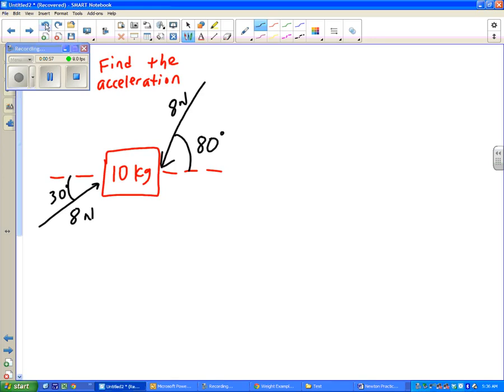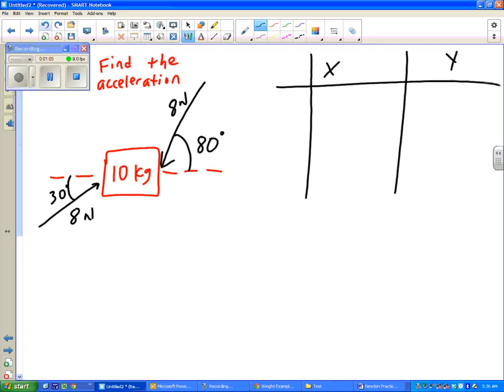We have our x part, and we're going to have our y part. And we're going to draw these two vectors, these two forces. So the first one comes in over here, and it's making a 30-degree angle.